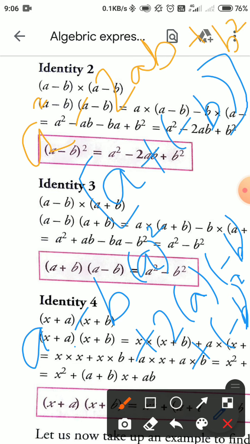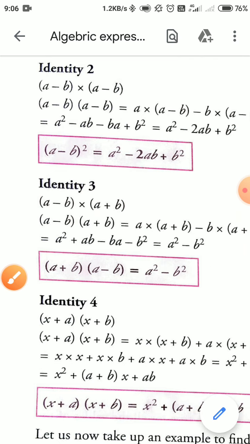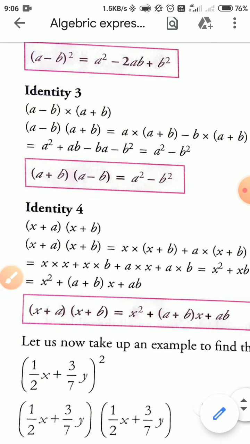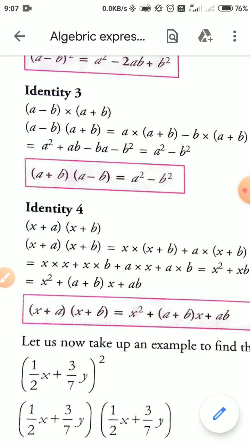So again you are getting the same identity, and by solving it in another way, you are just converting a minus b into a plus b, right? I told you this just because some students find it easier to remember the identity for a plus b whole square. Right, now let us move on to identity 3, that is a minus b into a plus b.